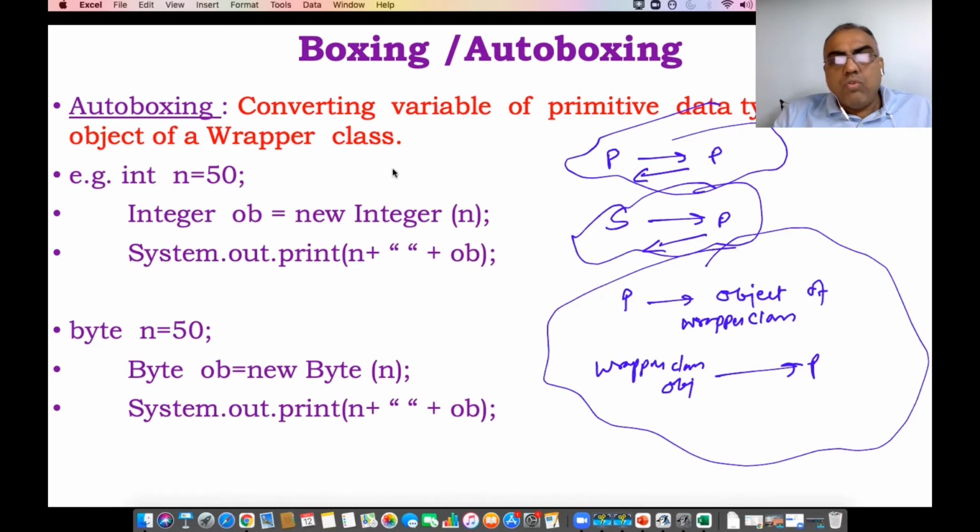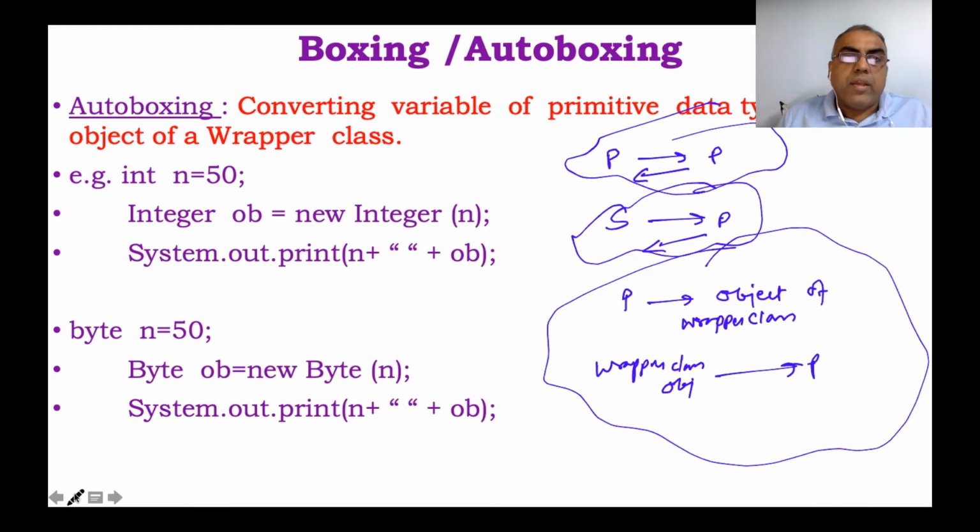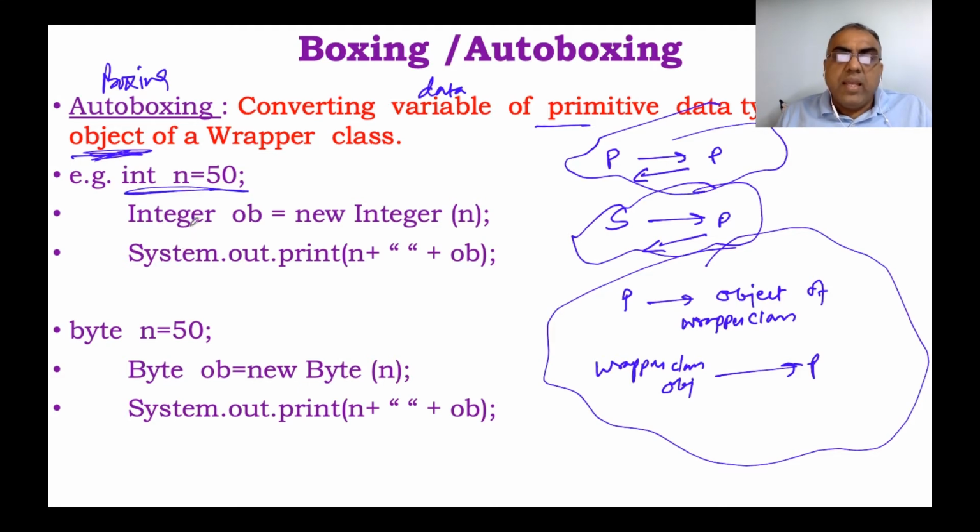So assuming that you want to do that, converting a variable of primitive type, or a data also you can call, of a primitive type into an object of a wrapper class, we call as boxing or autoboxing. Both are the same. So if I have an integer value n as 50 and I want to convert this value into an object of Integer, then I will say Integer, which is your wrapper class, obj or ob, some variable which is an object variable, like you have Scanner sc.